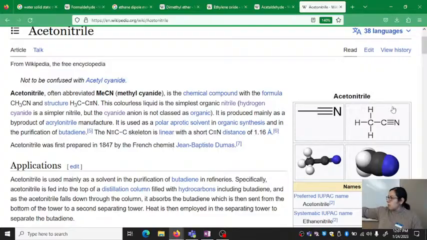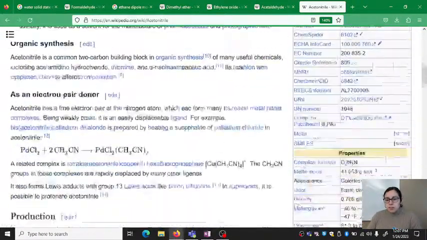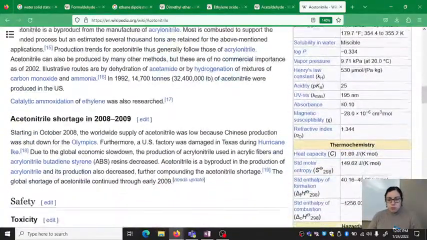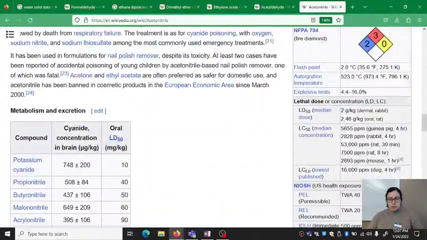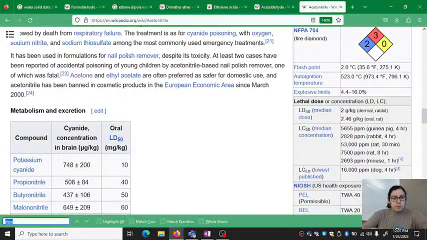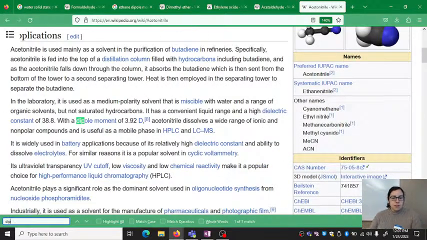So we can tell it's really polar, right? Just to one side, though. And so that makes it even more polar. Where's the dipole moment? There we go. I don't know why this one's not in the chart. And so this one is 3.92, so now that's, again, more polar.